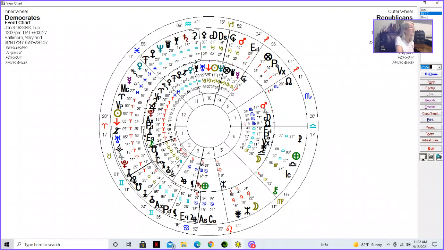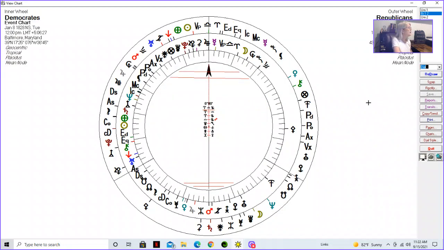Now I gotta move. So we're gonna move quickly into the dial. And here I wanted to look at the Aries point, which is the Republicans. We're going to be looking at how each of these parties are affecting each other via the asteroids. And you can see that you cannot see any asteroids on here.